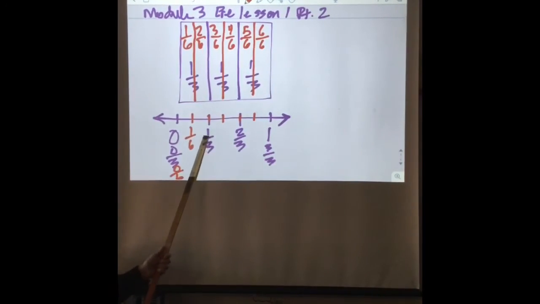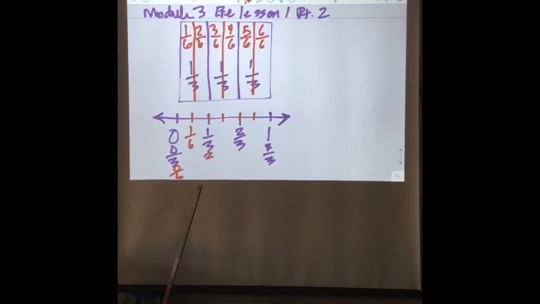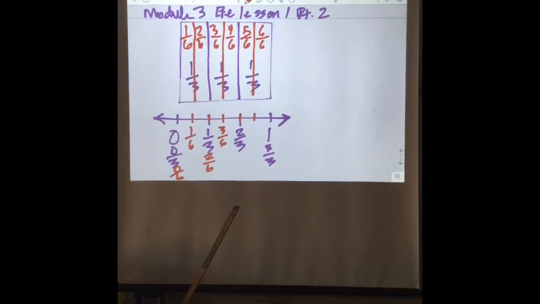Kind of weird. What goes under this? 2/6. And this is? 3/6. This one? 4/6. Next? 5/6. Good job. And here? 6/6.